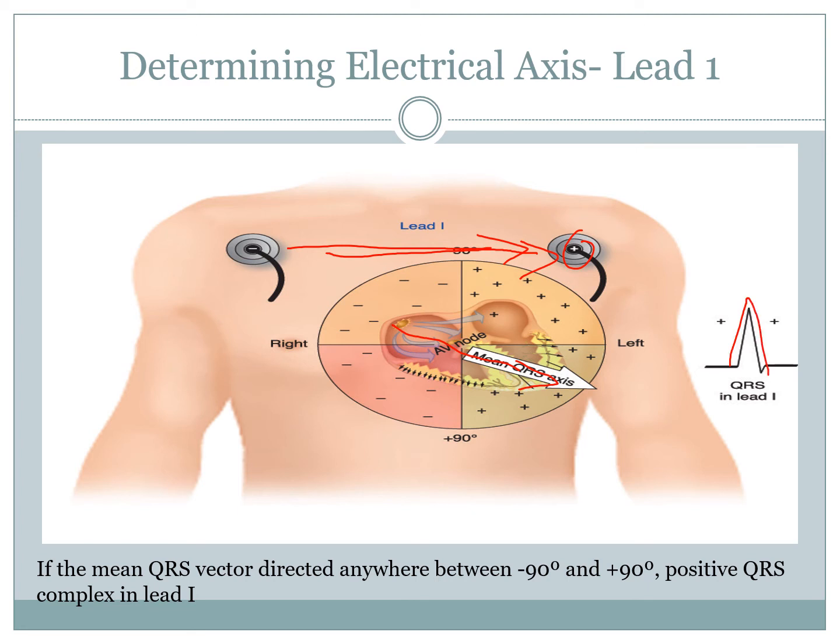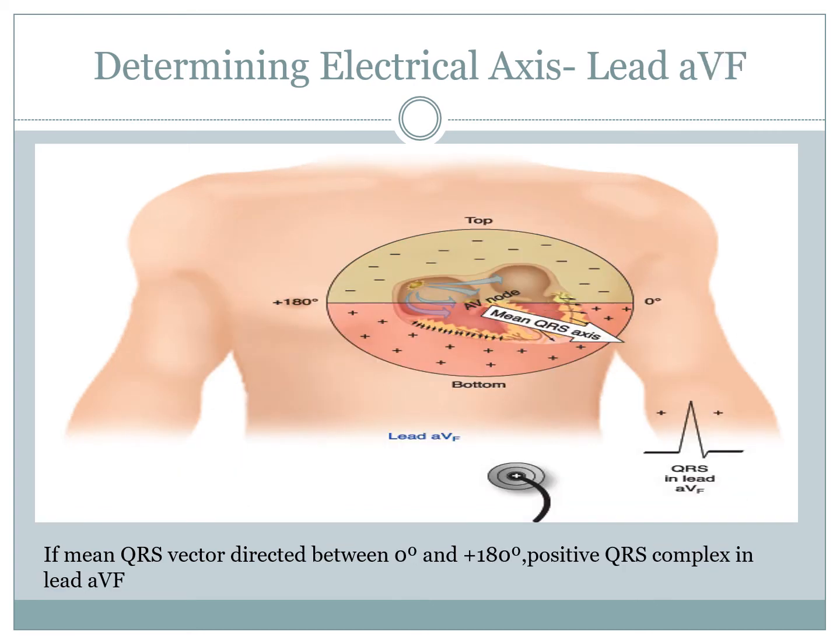So that's lead 1. If we take a look at our other lead, which is our AVF, if we have a positive inflection on just AVF, that means that the direction of the vector is somewhere between 0 and positive 180. So if you only get to look at one lead, that's what it means. Now the position for AVF is starting at the feet and going up towards the heart.